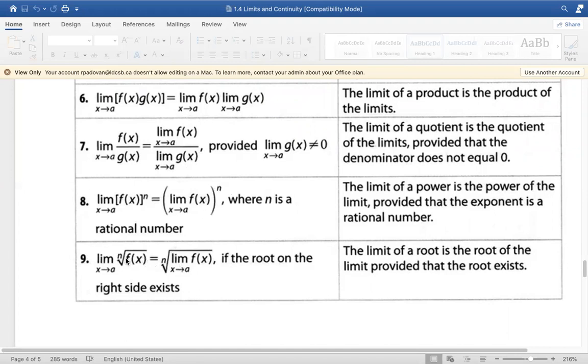I can square root the function and get the limit as x approaches a, or I can get the limit as x approaches a first, and then take the square root of that, after I've already approached the limit. The limit of a root is the root of the limit, provided that the root exists. Obviously, you can't have a negative sign underneath the square root sign, as long as the root exists.